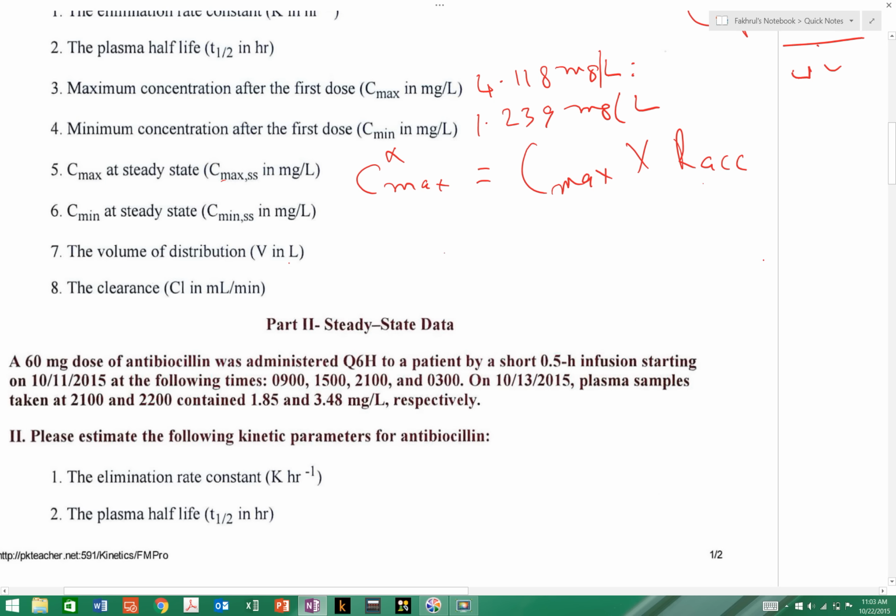So how do we calculate RSCC? RSCC is equal to 1 over 1 minus e to the negative K tau.